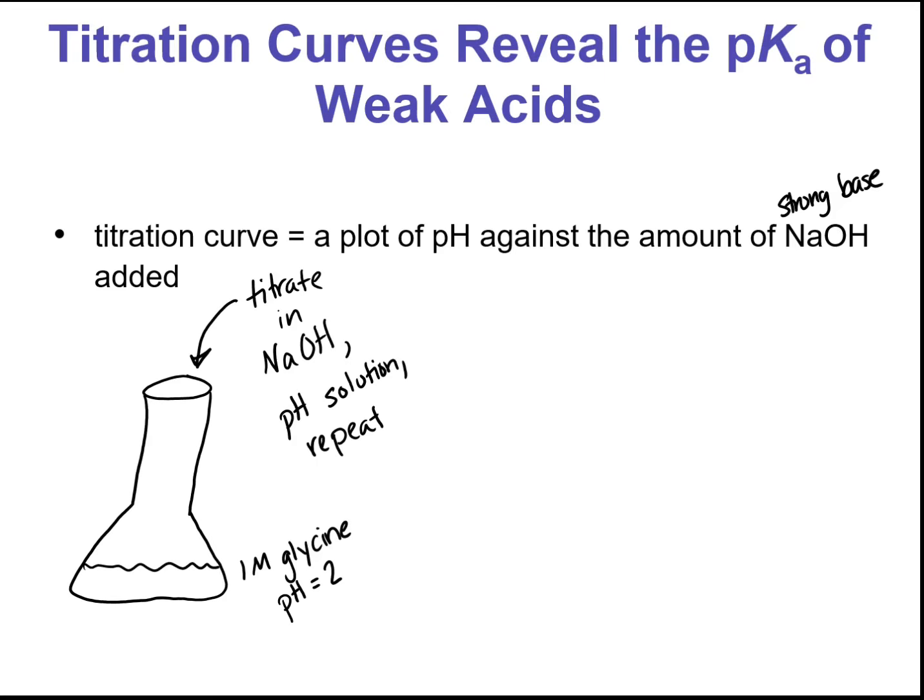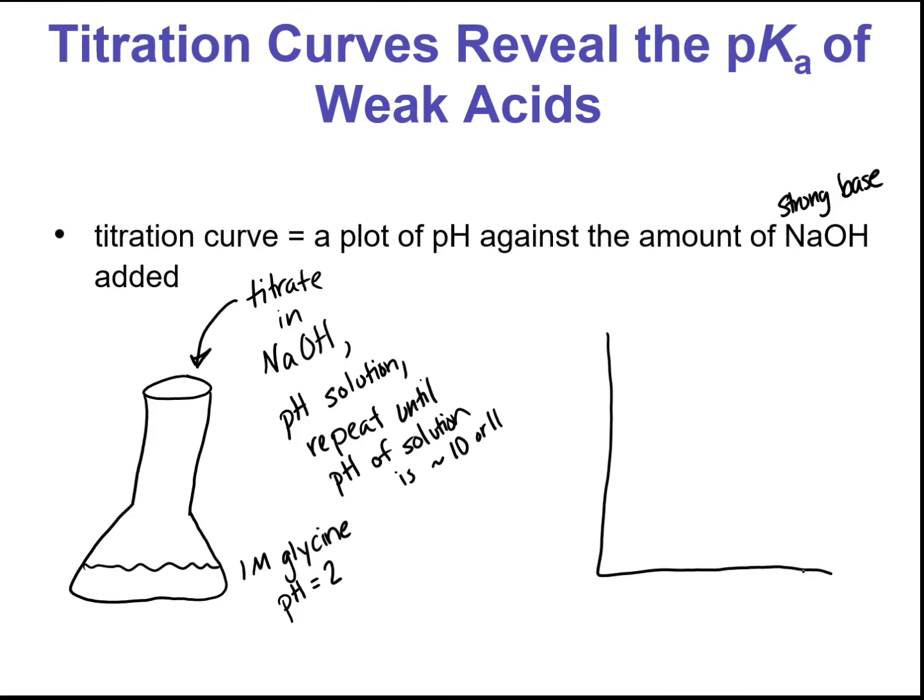You're going to keep repeating this, add a little bit of sodium hydroxide, stir, take the pH, until the pH of your solution is like 10 or 11. And all along the way, as you're taking those measurements, you can plot the equivalence of sodium hydroxide.